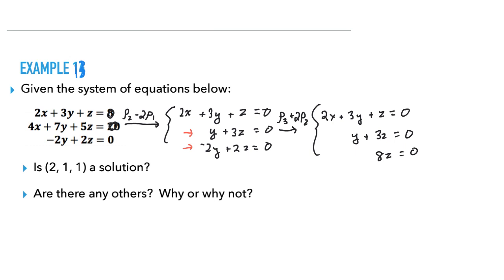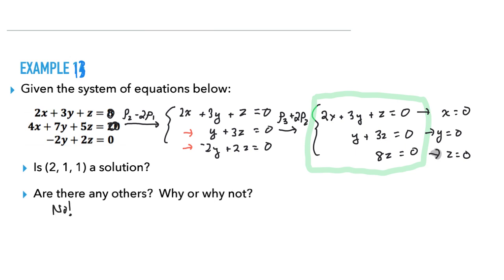In this system right here that I've created, the solutions are quite obvious. I see 8z equals 0. That tells me z is 0. Then if y plus 3 zeros is 0, that tells me y is 0. And thus, following back, x is 0 as well. And that tells us no, there are not any other solutions.